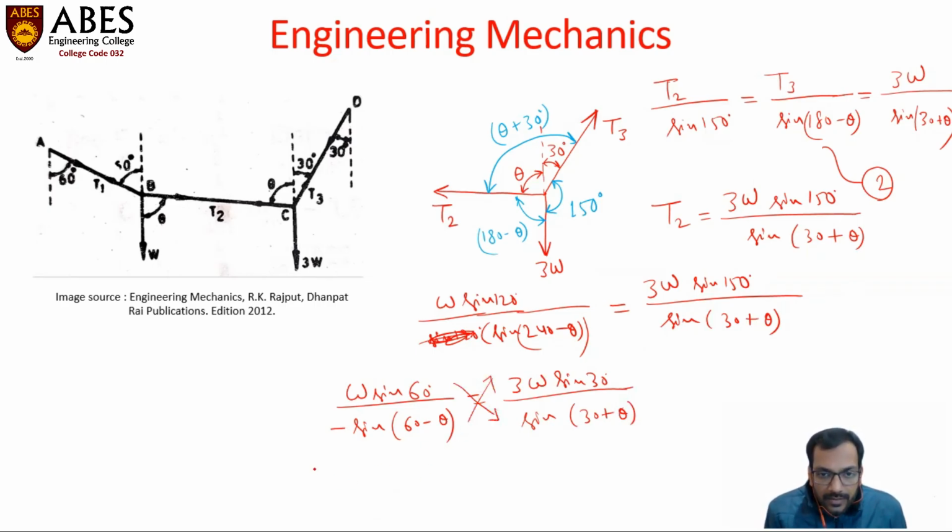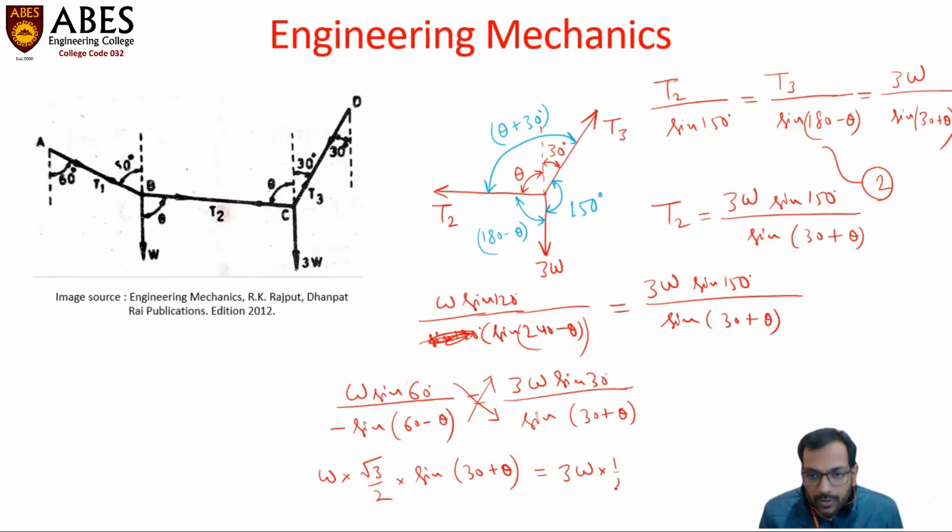Let's cross multiply this. So we are getting W into, what is the value of sine 60 degrees? Sine 60 degrees is root 3 upon 2 into sine 30 plus theta is equal to 3W into, what is the value of sine 30?